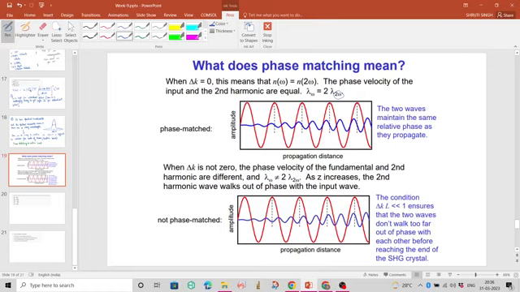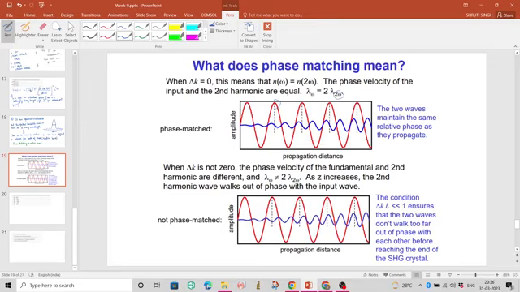It is shown here with this gray dotted line: wherever this dotted line is, the maximum of this is matching with the maximum of the second harmonic, and exactly the same point as here, and as here. So the phase difference between the two waves is not changing. The phase difference is constant.